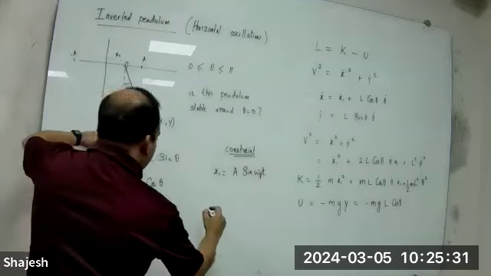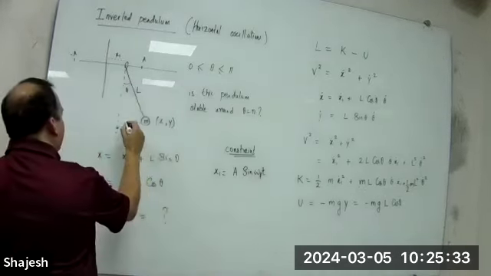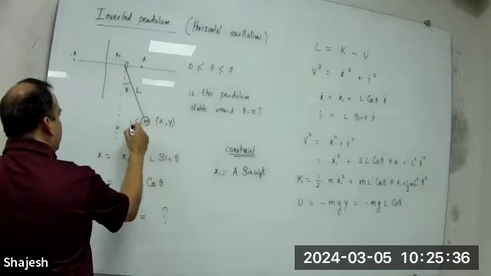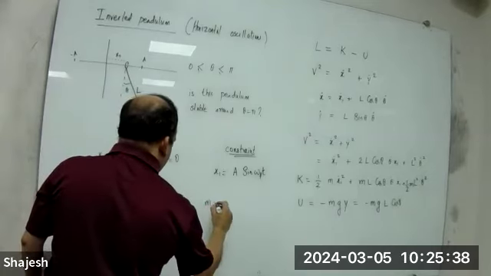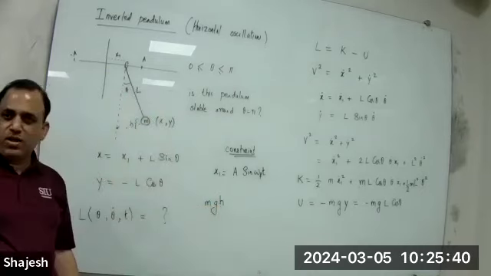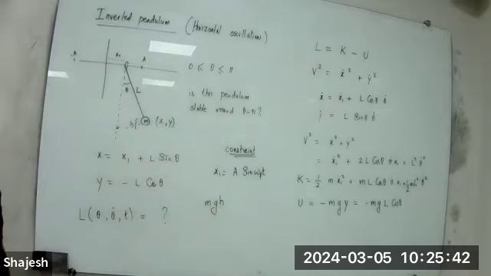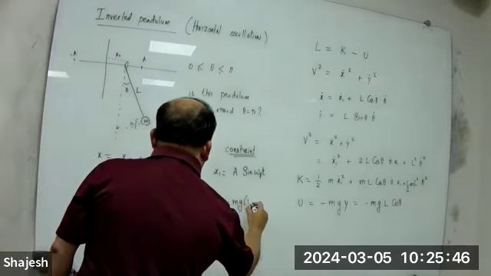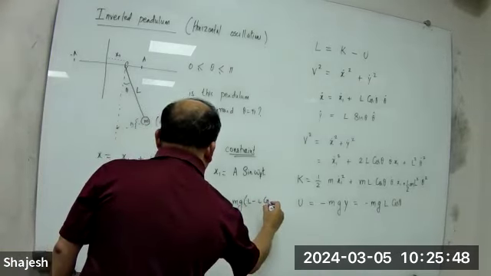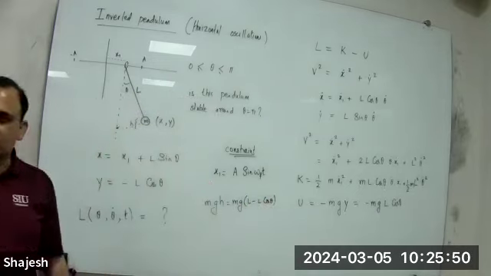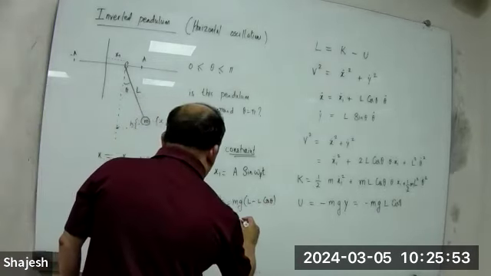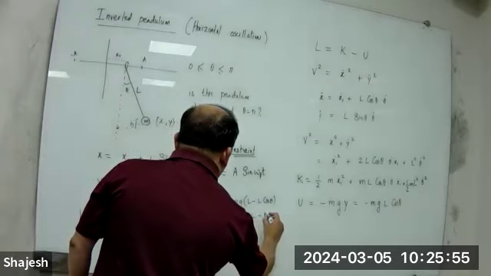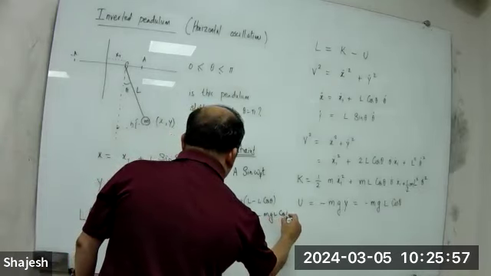Then the potential energy will be this height h. So it will be mgh, right? That should be clear. mgh is equal to mg times L minus L cosine theta, and this is equal to mgL minus mgL cosine theta.